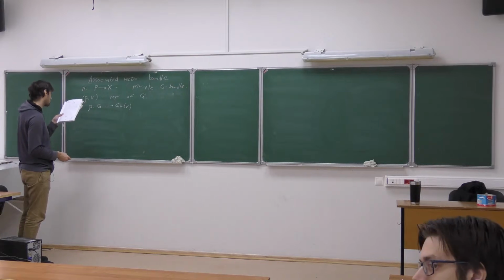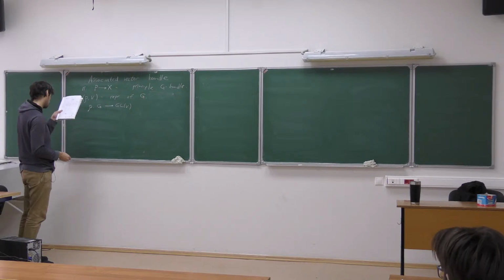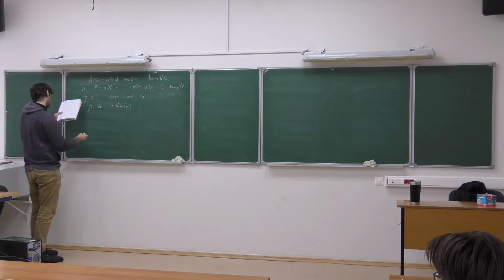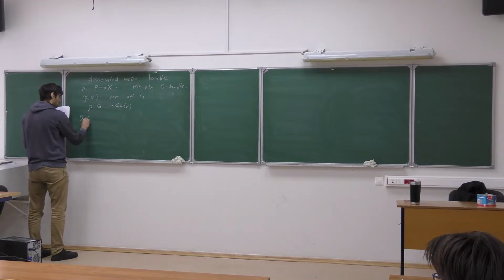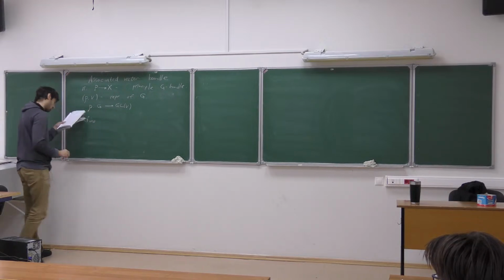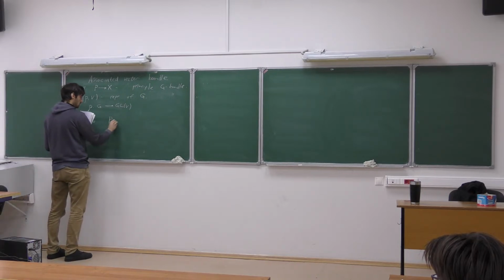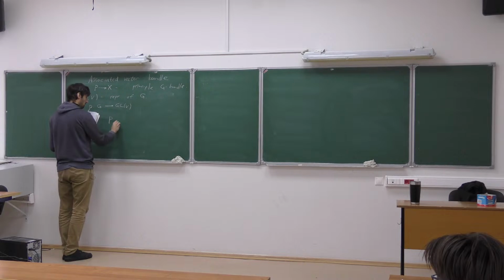Yes, and so we want to define the associated vector bundle. So we define first the following manifold. We denote it like this: P times V over rho.